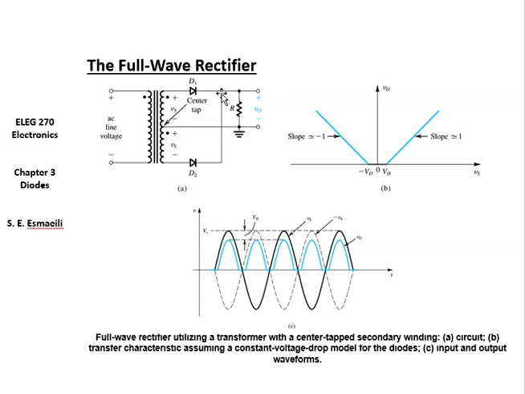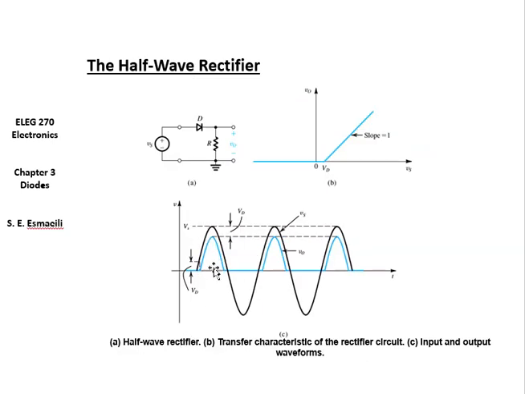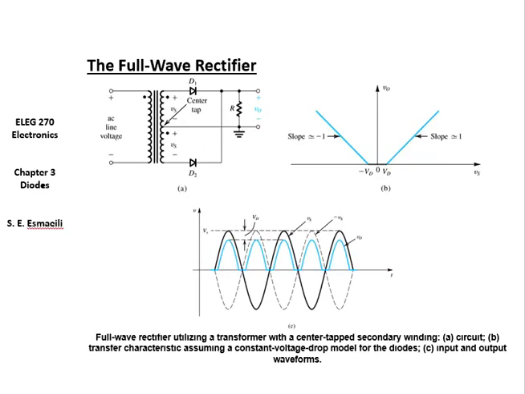So this is the only condition in this. We have to make sure that these diodes have a high enough breakdown voltage not to break. So with this system we're having our full wave rectifier. This one right here was a half-wave rectifier. This one is a full wave rectifier.